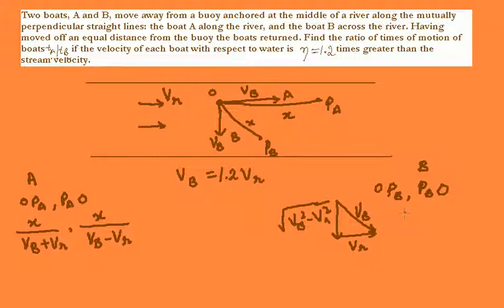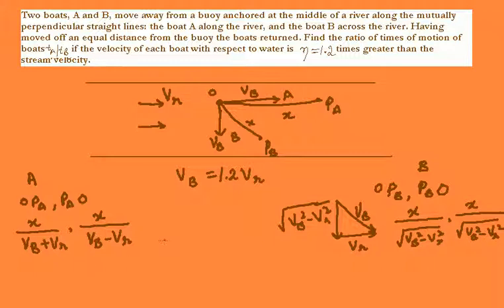So the time taken from O to PB would be x divided by root over Vb square minus Vr square. Similarly from PB to O it's the same, since it moves in the perpendicular direction and has to go back the same way, so the velocity remains root over Vb square minus Vr square.